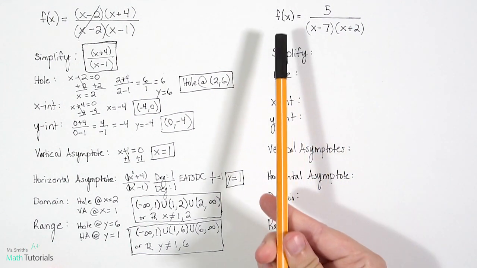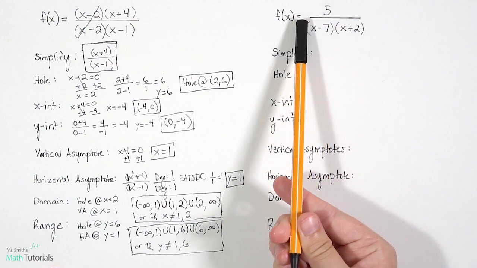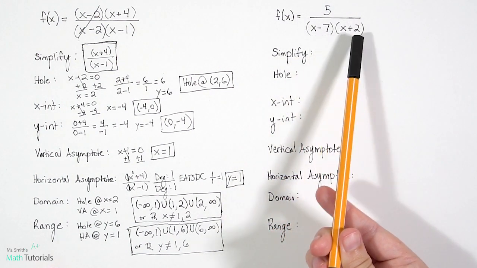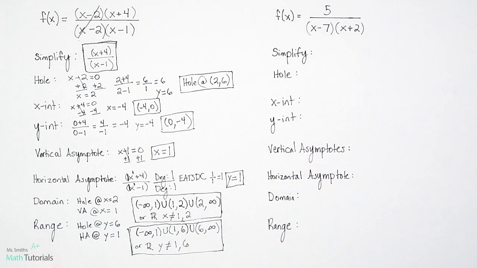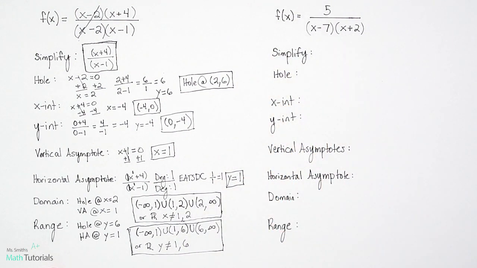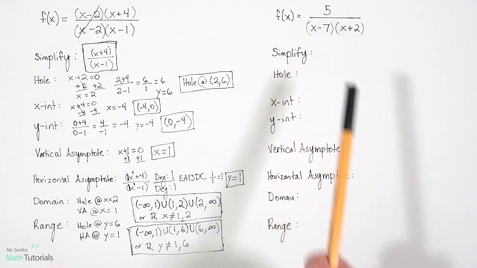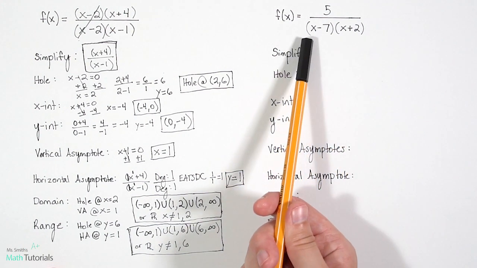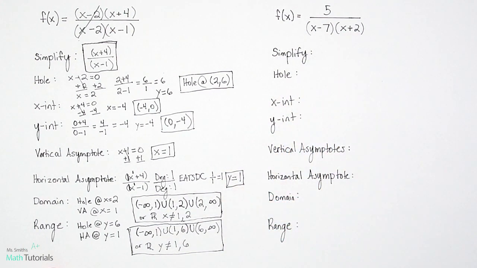So in our next example, we've got y equals 5 divided by x minus 7 times x plus 2. So our first step is going to be to simplify. Can we factor anything? And looking at this, I don't have anything to factor. The numerator is just a constant, and then the denominator is already in that nice parenthesis factored form.